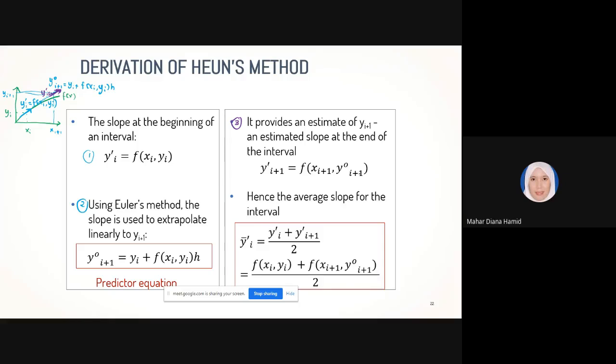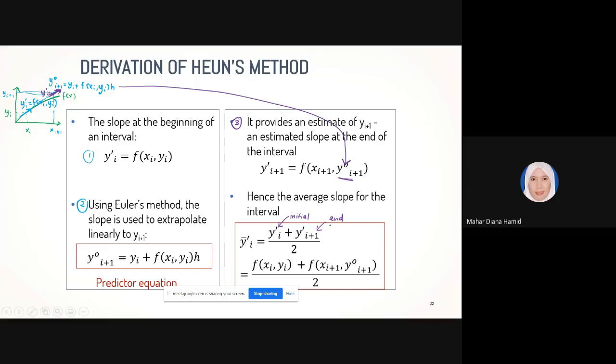And using the value that we get from here, we just substitute it. Therefore, the average slope of the interval is y bar prime i, equal to the slope at the initial point plus the slope at the end point, divided by 2.